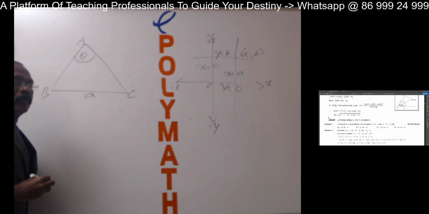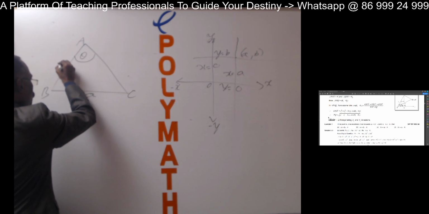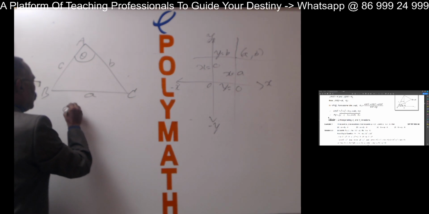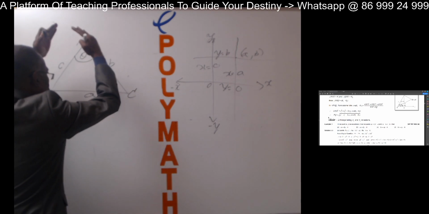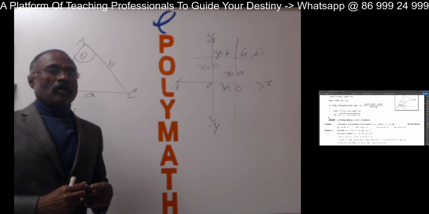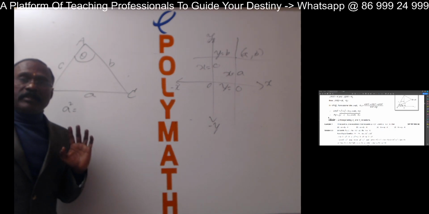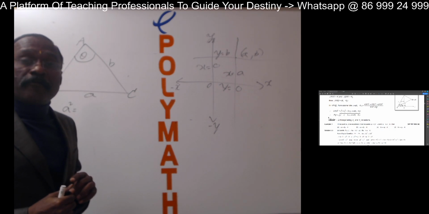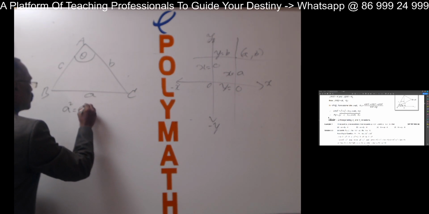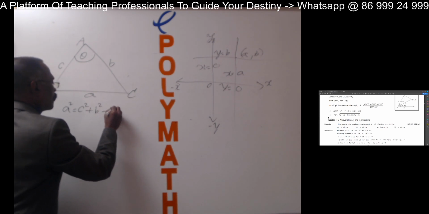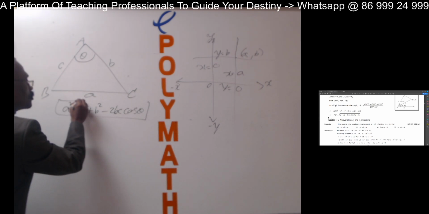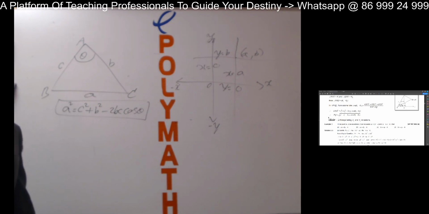If you need small a, in this case this is capital C, this is B. Then if you want a, two sides and the angle between them are given. Remember, two sides and the angle between them are given. Then how to find the third side? a square is equal to the sum of the squares of the two sides minus 2bc cos theta. This is the formula which we use in properties of triangles.